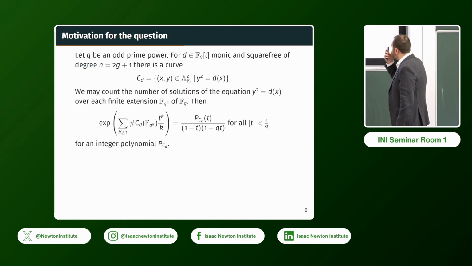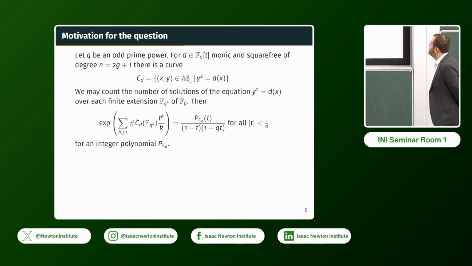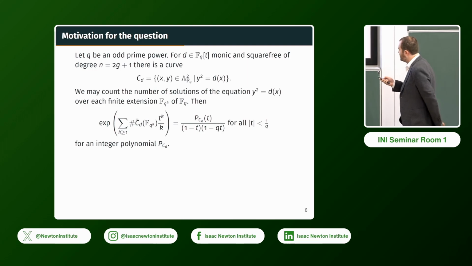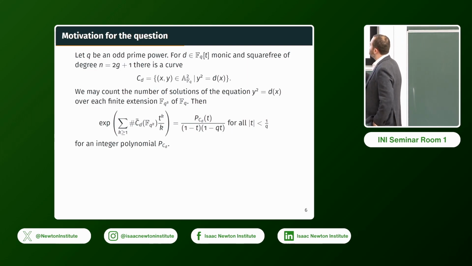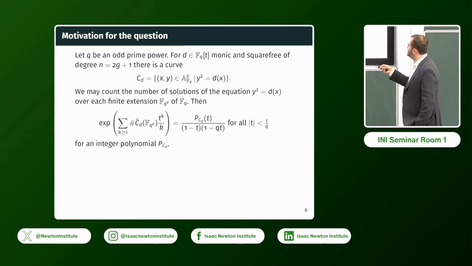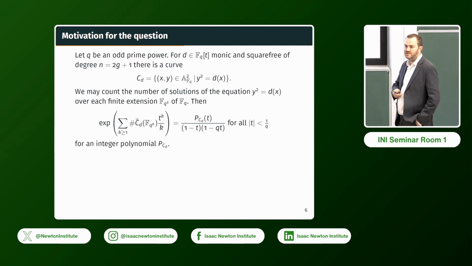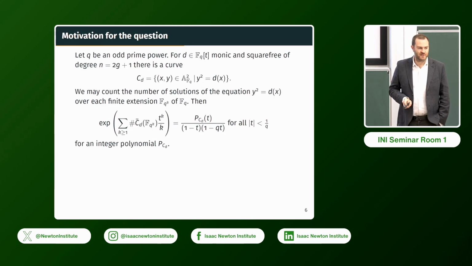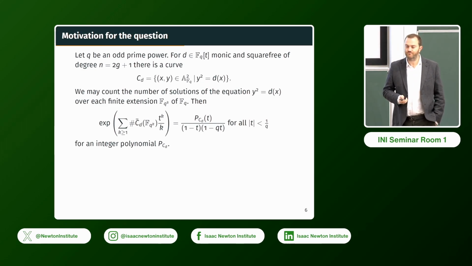So, as I said, you can count them over every finite extension of F_q. And then I want to start on this side. You take the number of solutions over F_q to the k. Those are just some integers. You assemble them into this kind of logarithmic generating function inside, and then you take the exponential of that. Okay?